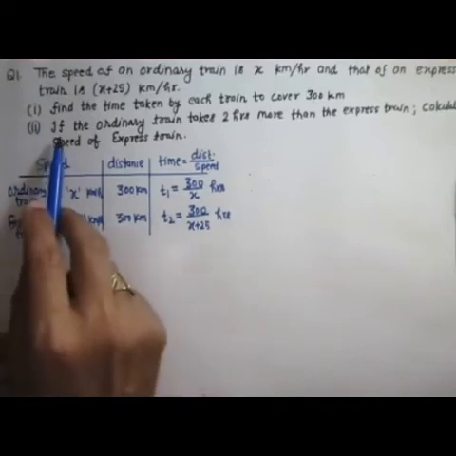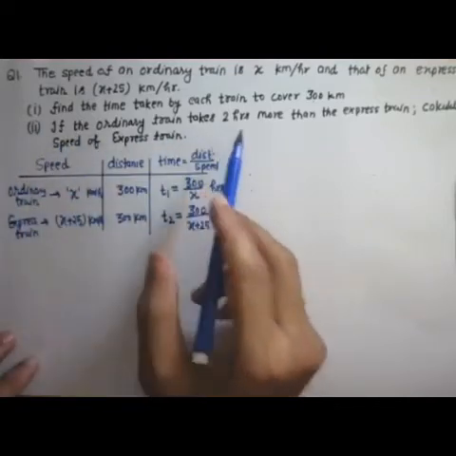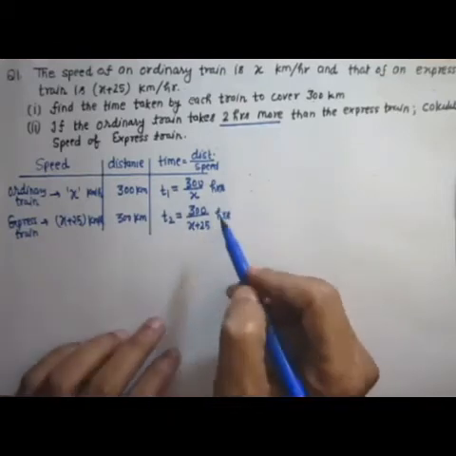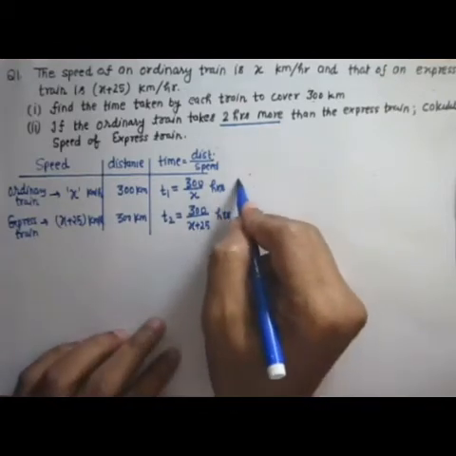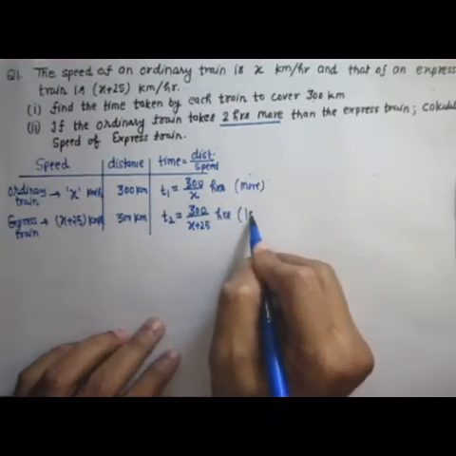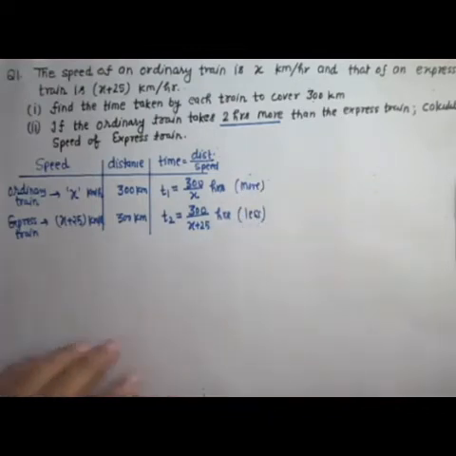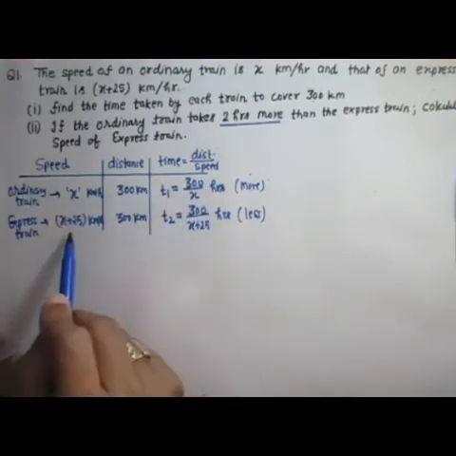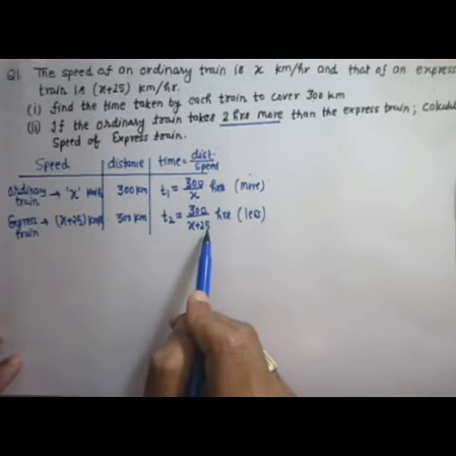Now the second part, if the ordinary train takes 2 hours more, which time will be more, which time will be less? So this time will be more and this time will be less. Why? Because if speed is less, then time will be more. If speed is more, then time will be less.